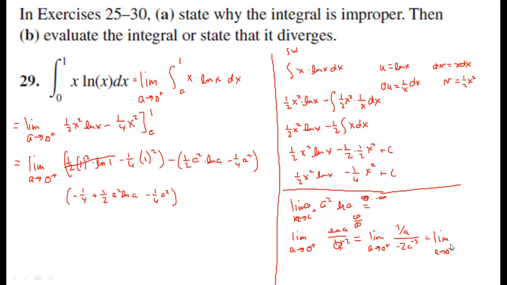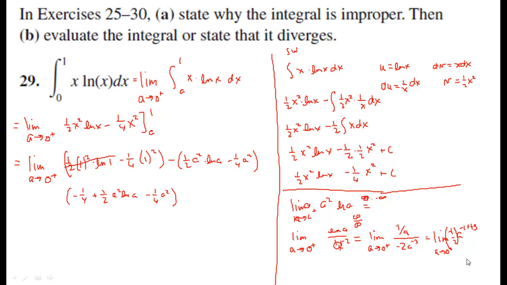And that is going to be a to the negative 1 minus a to the negative 3. And then there's the negative 1/2 that goes right there.